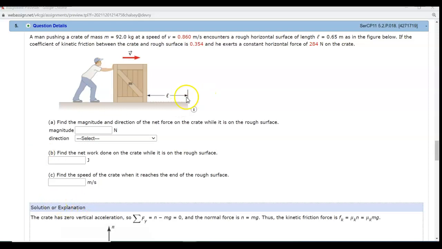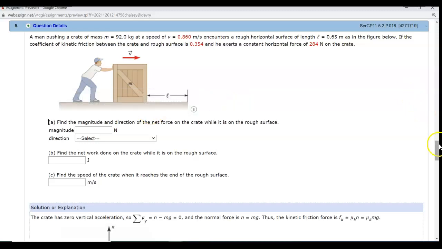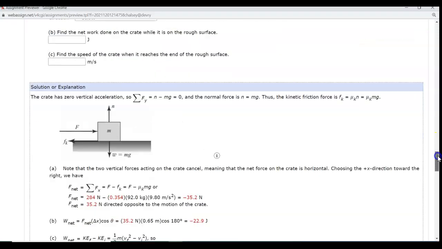Okay, so this is the rough here of distance L. If the coefficient of kinetic friction between the crate and the rough surface is 0.354 and he exerts a constant horizontal force of 284 newtons on the crate, find the magnitude and direction of the net force on the crate while it's on the rough surface. Okay, well, let's look at that part first and then we'll move to the next part.